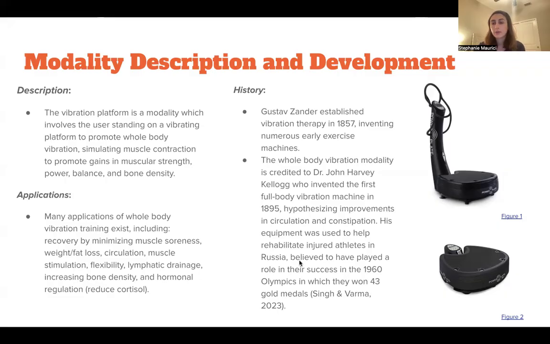On the right side, I have two examples of vibration platforms. The one on the top has, of course, something to hold on to. And then there's also more portable, smaller ones that don't have that extended portion for the user to grip onto.